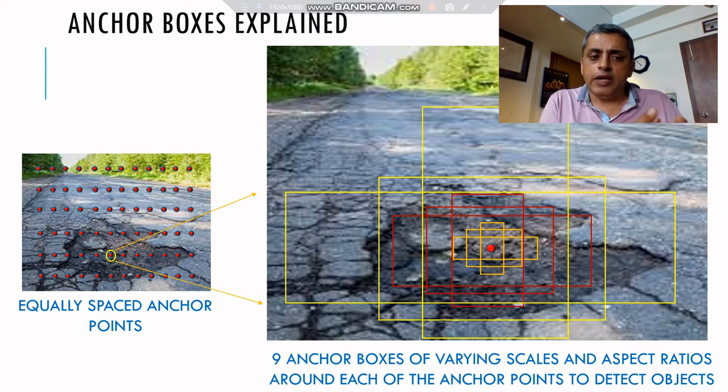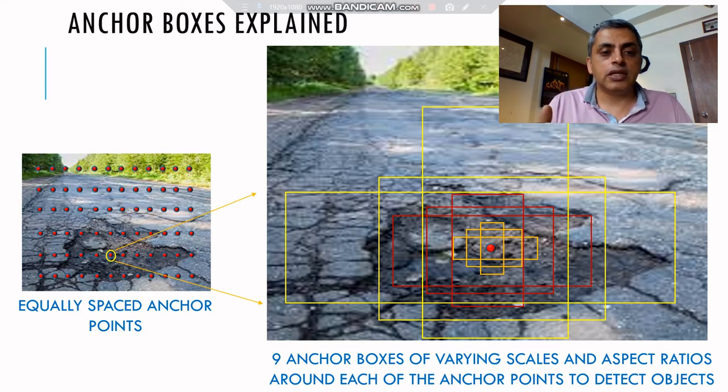Even for these anchor points, a window of 3x3 size was moved across with the anchor point as the center, and then the anchor boxes were built around that anchor point to detect objects. After this, there was another innovation.